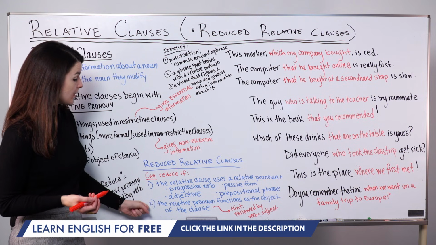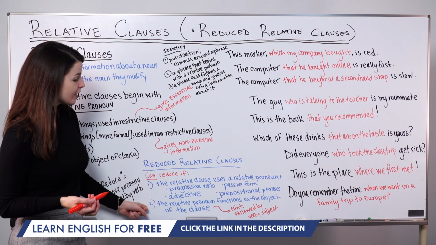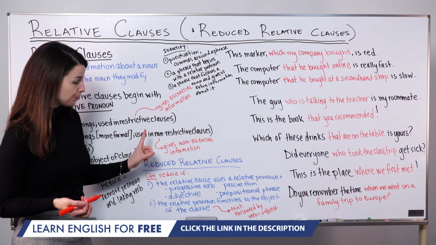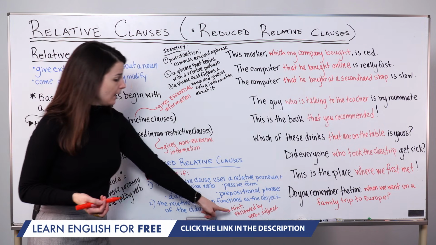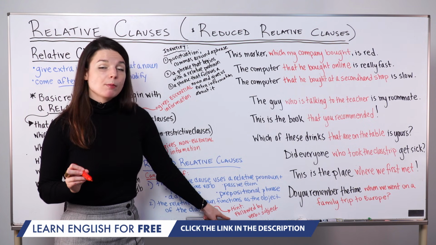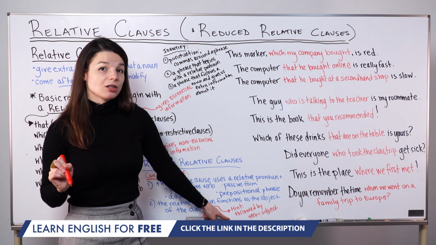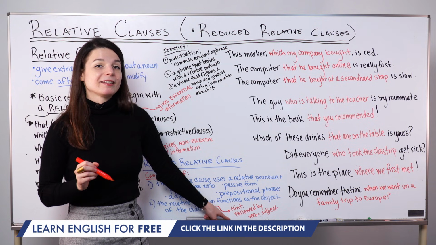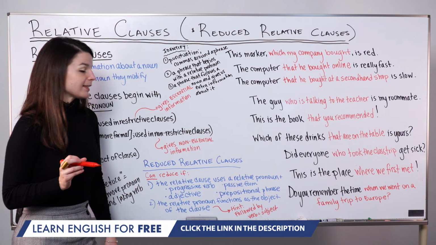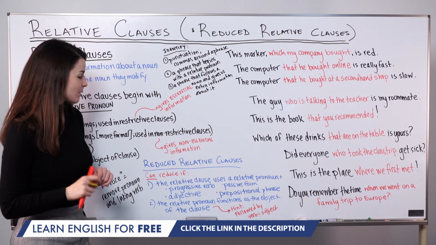Second, we can reduce if the relative pronoun functions as the object of the clause. The object of the clause. So, a quick hint. If your relative pronoun is followed by a verb, it's the subject of the clause. So this is a really quick way to test. Is it the subject or the object? So if it's followed by a verb, we'll see it's the subject. Again, we'll see some examples.